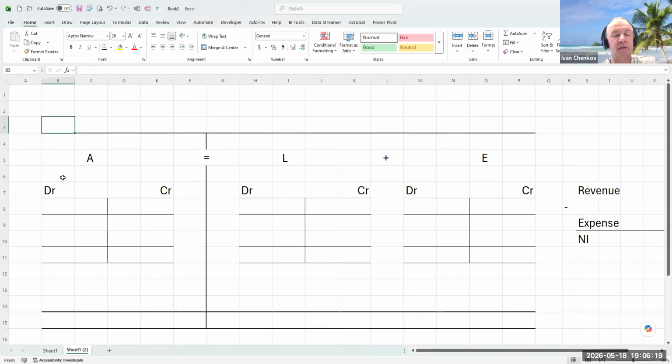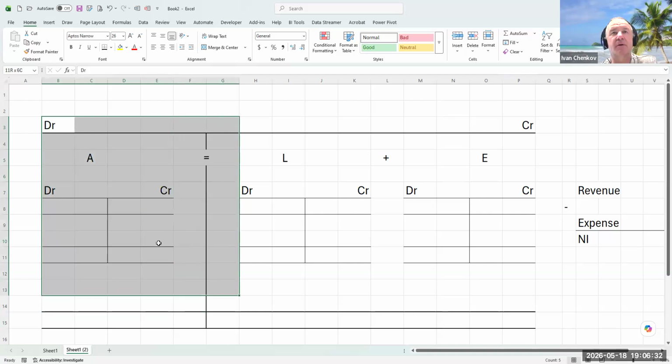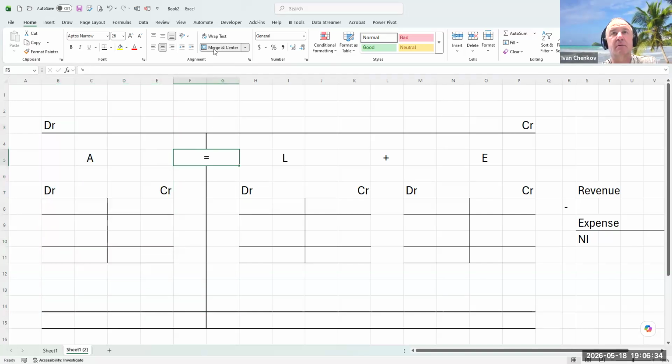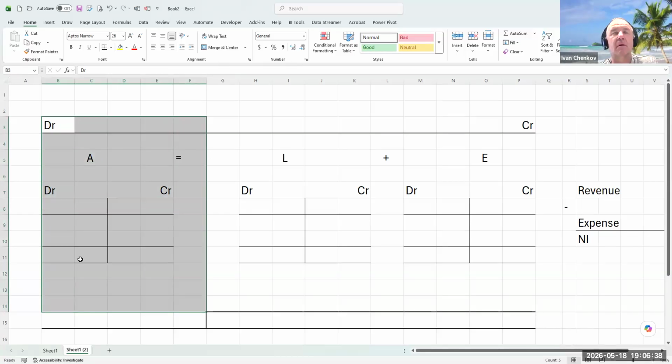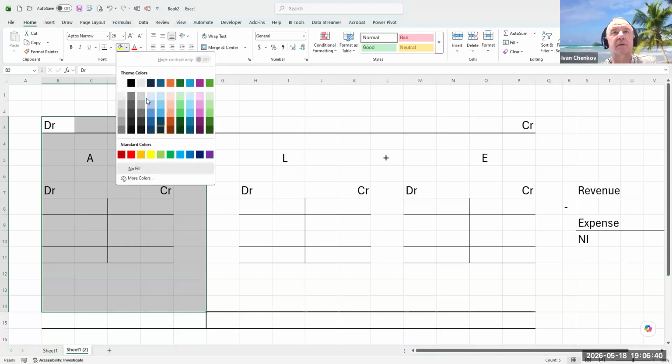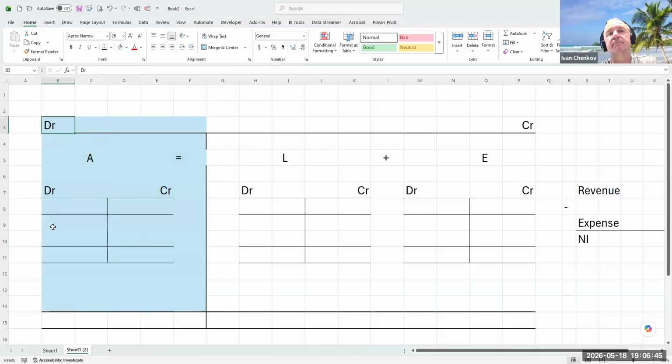So what we know about this account? On this account, again, this side will be debit, on this side will be credit. What that means to us? That means that all the accounts on this side of the equation are going to have normal balance debit.